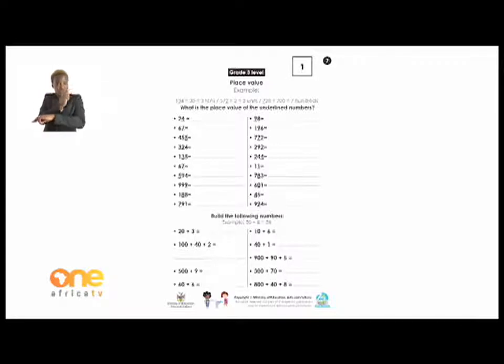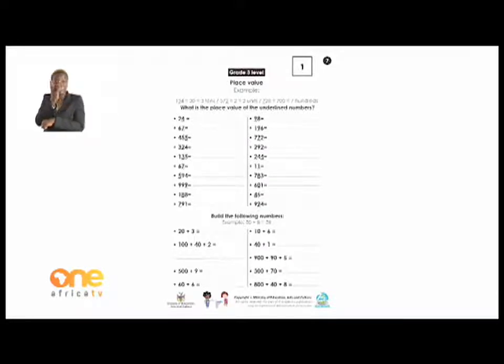Let's quickly look at the one next to it, 98. Again, we only have 2 digits, 9 and 8. The 9 is underlined, so it wants to know the place. At what place is that 9? It's at the tens place, so we write tens. All right, let's go down to 67.